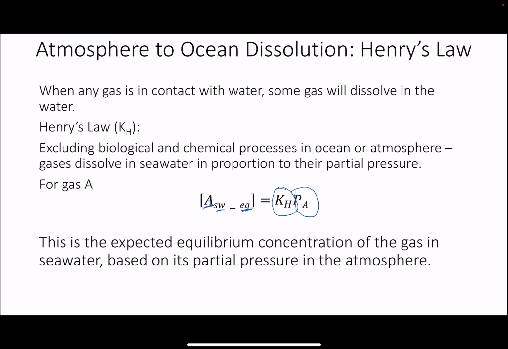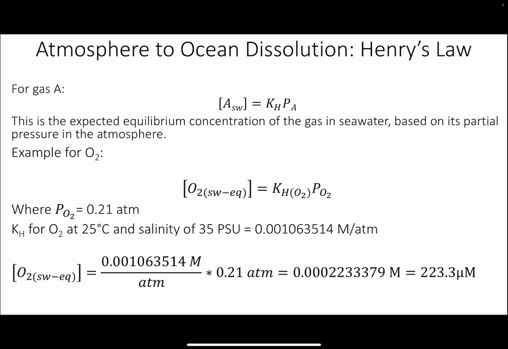So this is the expected equilibrium concentration of the gas in seawater based on its partial pressure in the atmosphere and using Henry's law. And you can see these brackets here denote concentration. So we use Henry's law and the partial pressure of the gas to calculate what the expected equilibrium concentration in the seawater is.